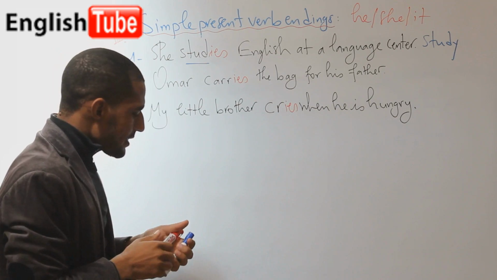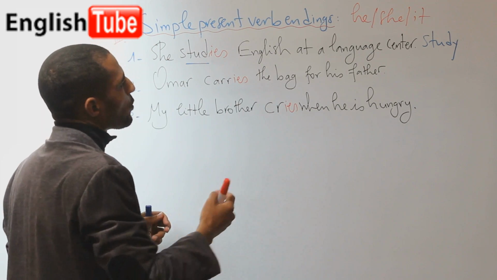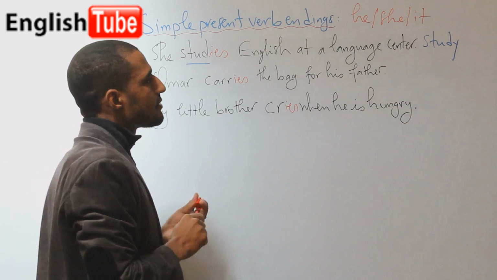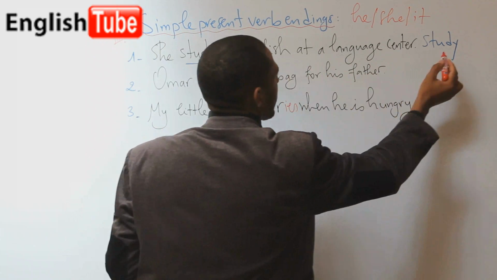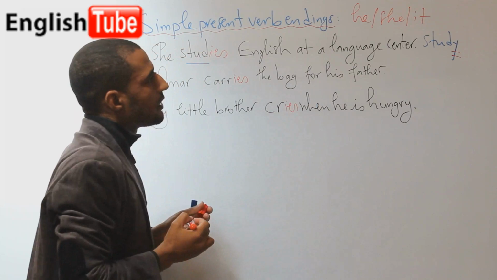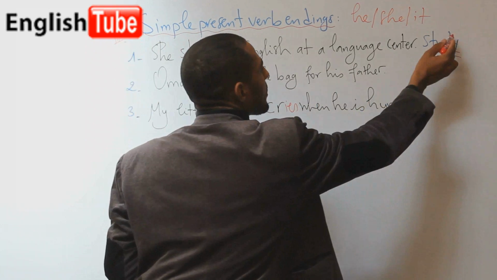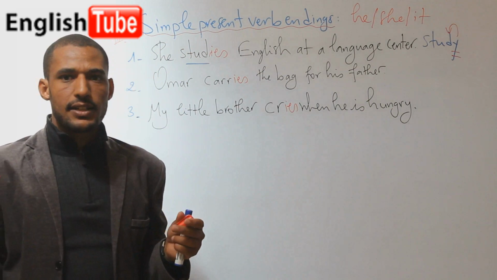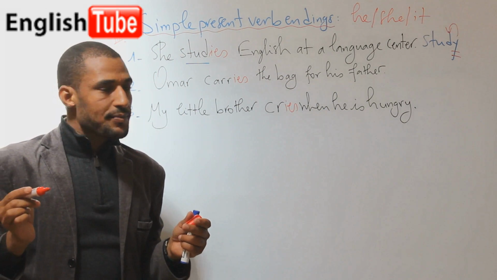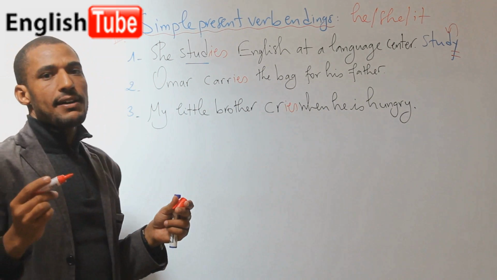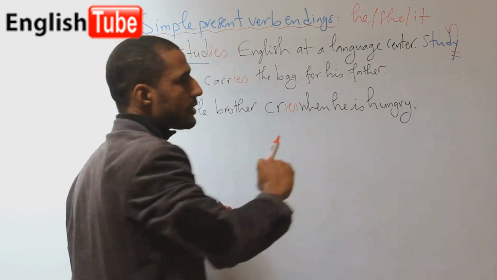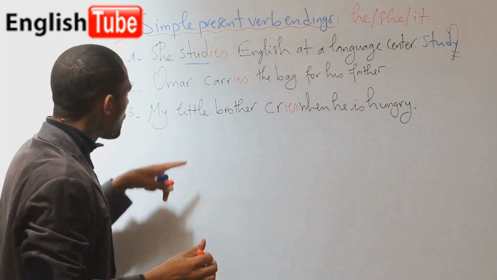Now, as you see here, the verb root is study. So the last letter of the verb here is Y. It is originally Y. And Y here is preceded by the letter D, and the letter D is a consonant. So whenever you have a consonant followed by the letter Y, what do we do here?